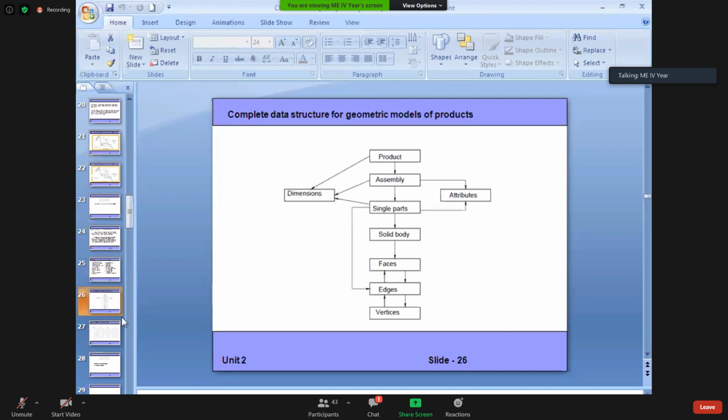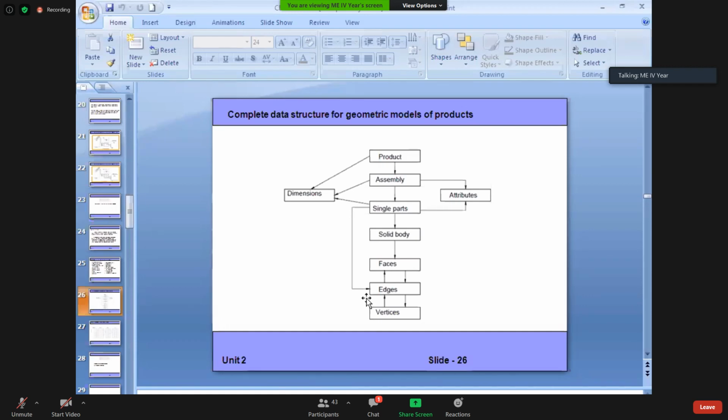Next, coming to the complete data structure for geometric models. Imagine you draw a simple circular plate. I want to give the dimensions, and this much data should be stored in your computer every time.